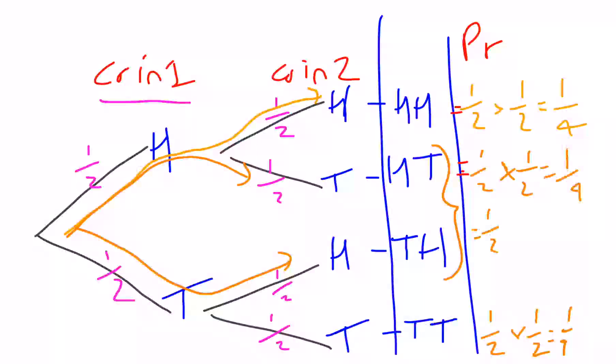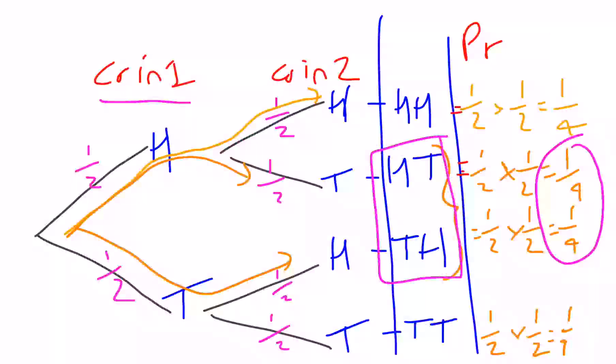This one's a half times a half is a quarter. But both of those will give me the result I want, 2 different coins, and so a quarter plus a quarter would give me a half probability, since both of those will work.